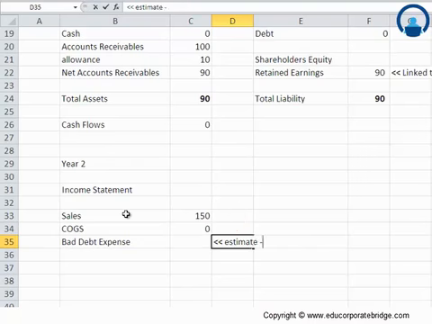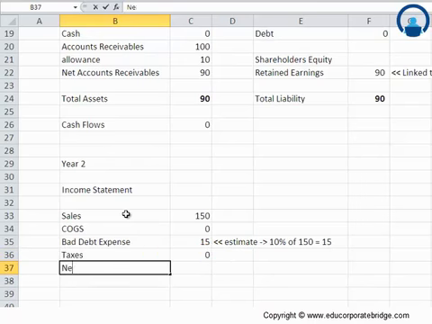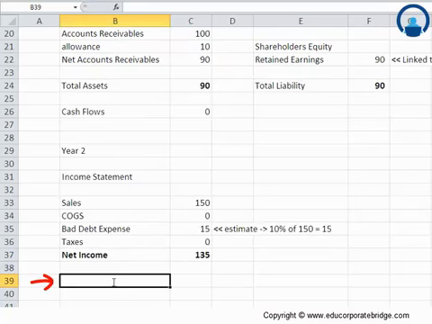So here the allowance would be 10% of 150. This comes out to be 15. So I'll write 15 here, and taxes again, for the sake of simplicity, we assume to be 0. So the net income comes out to be 150 minus 0 minus 15 minus 0. So it is 135.